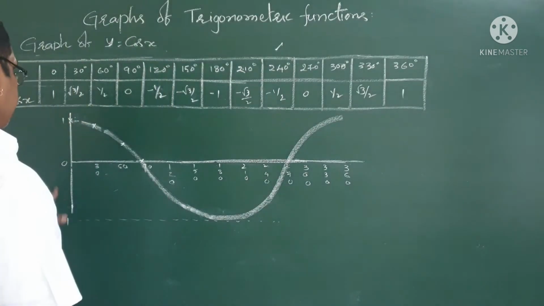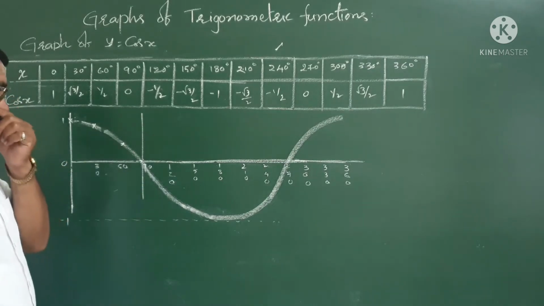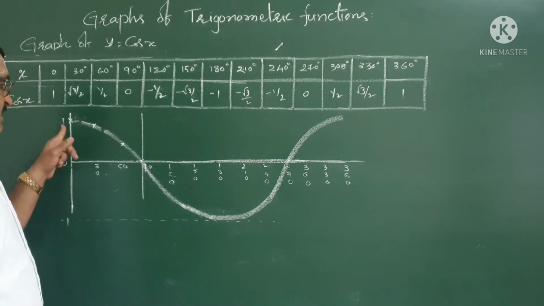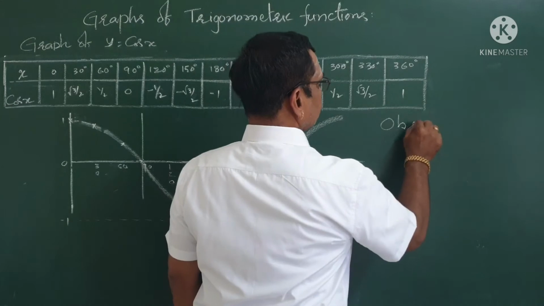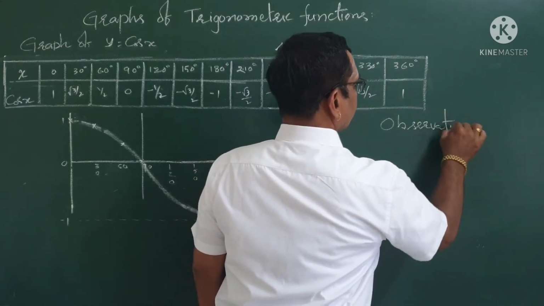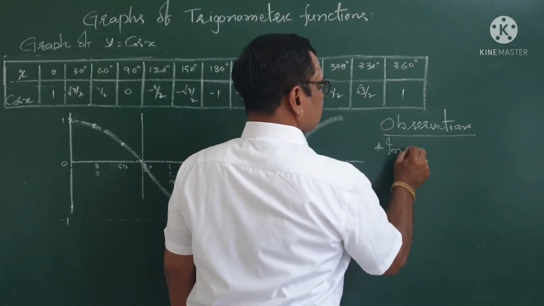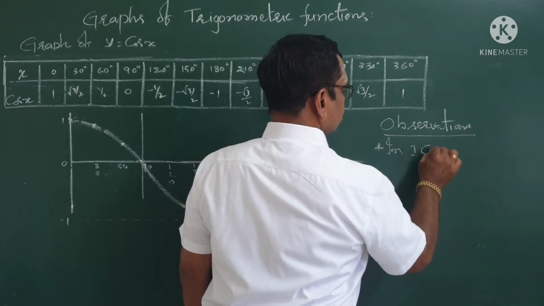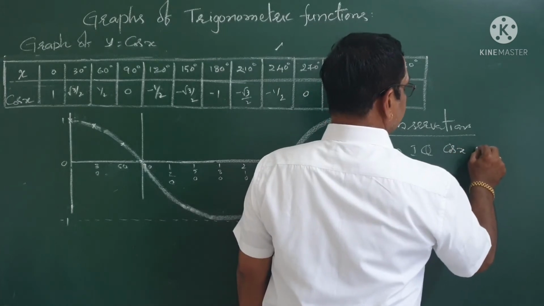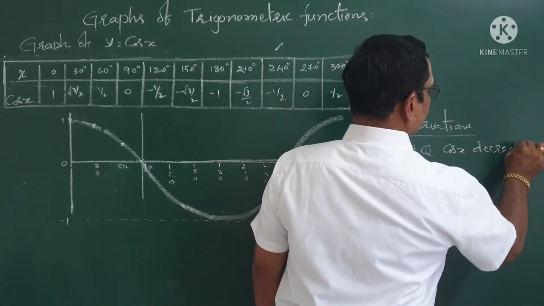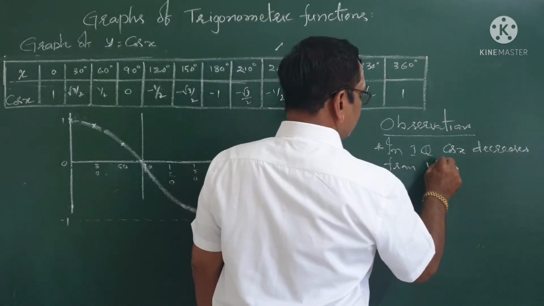Now, between 0 to 90, the first quadrant, my cos is decreasing from 1 to 0. That I write as observations. Observation number 1. In the first quadrant, the cos graph decreases from 1 to 0.